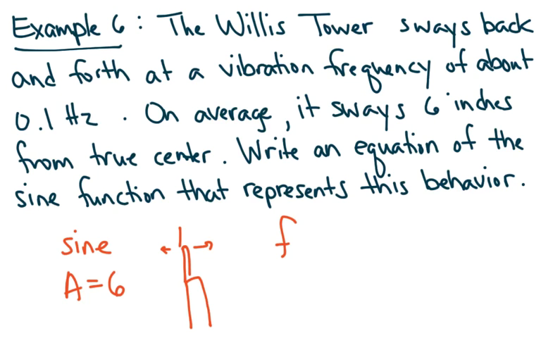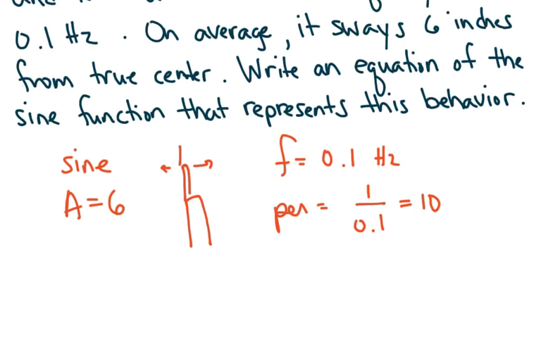Since the frequency is 0.1 hertz, I find the period by doing the reciprocal of that number. And if you do 1 divided by 0.1 in your calculator, you're going to find out the answer is 10. But remember, 10 is not the number that gets plugged into our equation.